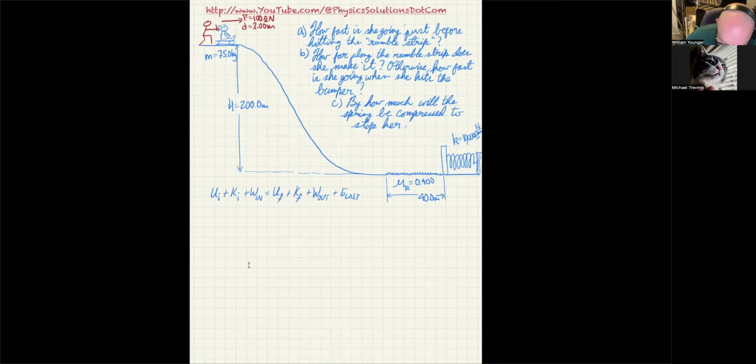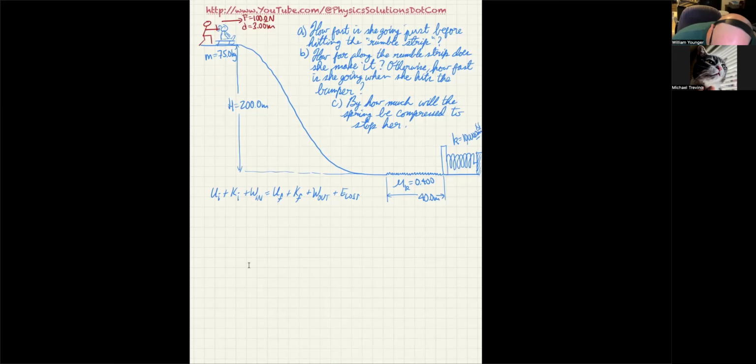Now, in this case, what I want you to realize is we're going to imagine that we're focusing on her just before the father starts to push her, in which case her velocity is going to be zero. And we're going to imagine that the father's just going to push her real quick with 100 Newton force over a distance of 3 meters. And that's energy put in. But we're thinking that's going to happen more or less in an instant. So we don't have to think about kinetic energy being anything other than zero at the beginning.